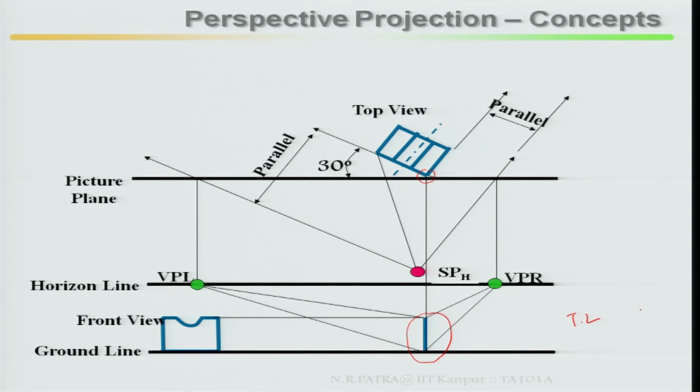So, first I am looking at the outer edge, then project it back from the station point to the outer edge, looking at this, draw a line where it intercepts your picture plane, from there draw a projector where it cuts this true length line to your vanishing point left, you mark it, it has been marked, then finish it.